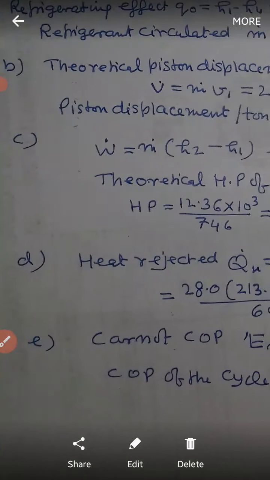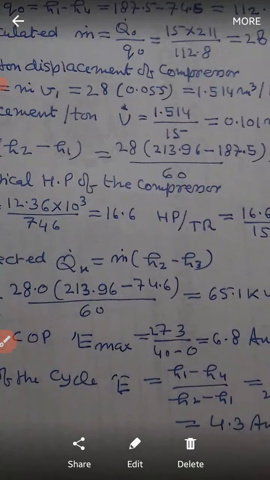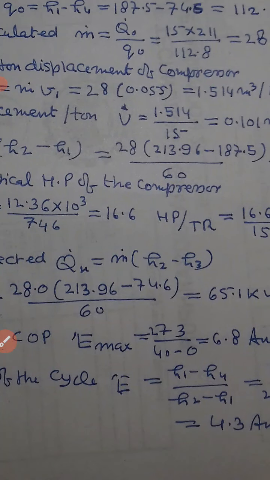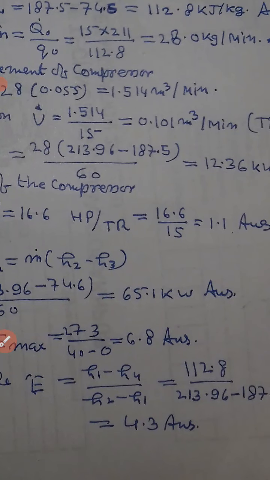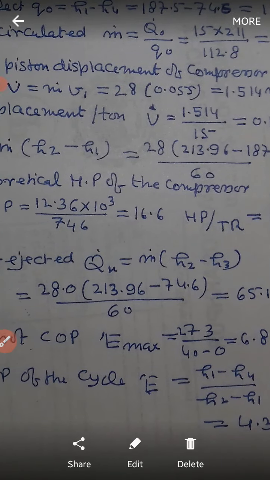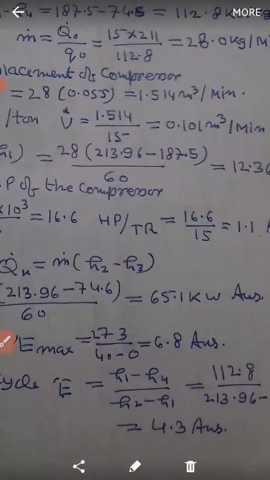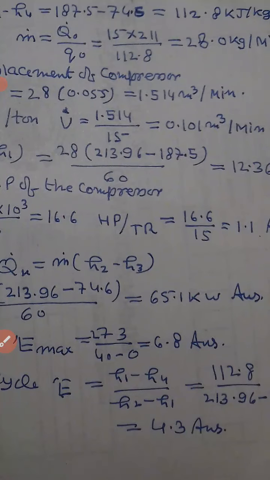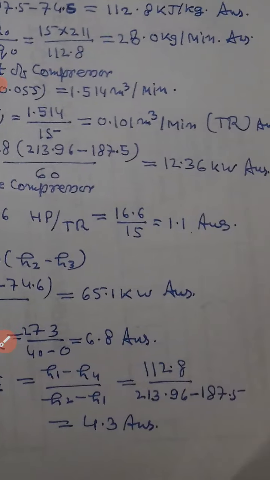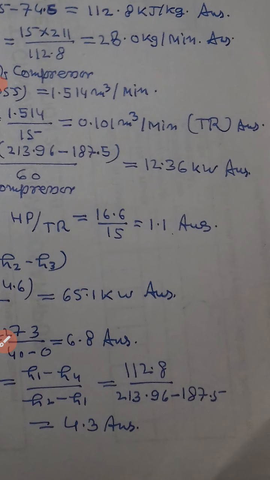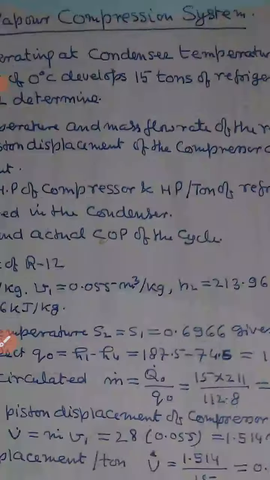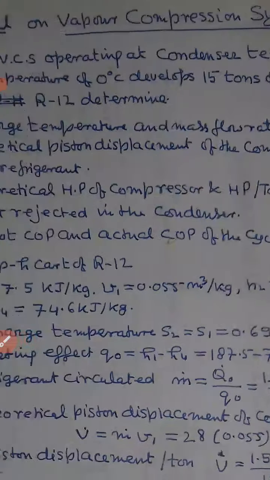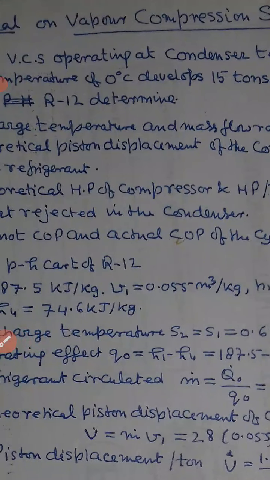Then Carnot COP is 273 upon 40 minus 0, that gives 6.8, and COP of the cycle is H1 minus H4 divided by H2 minus H1, that gives 112.8 divided by 213.96 minus 187.5, and that gives 4.3 as the answer. In that way we have solved this numerical, which was basically on the vapor compression cycle.